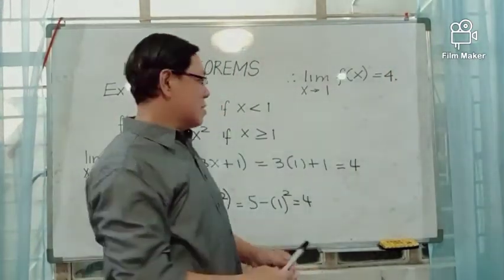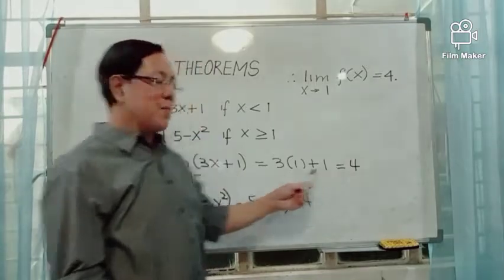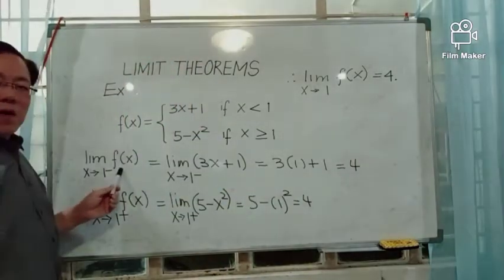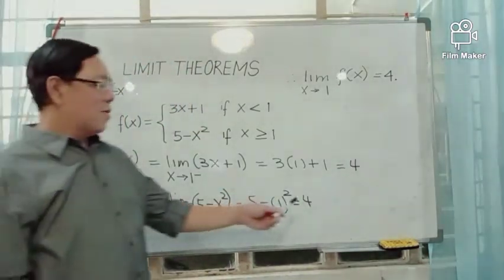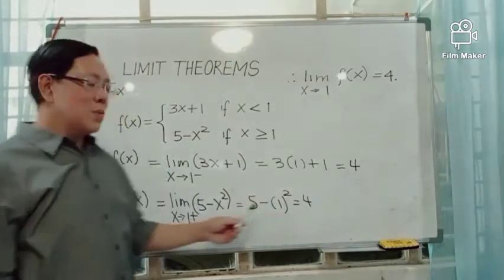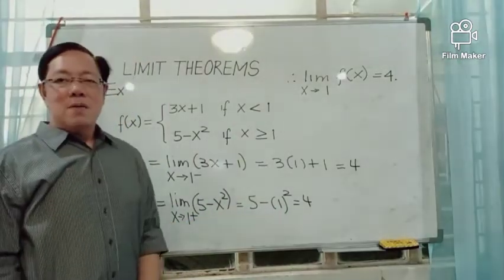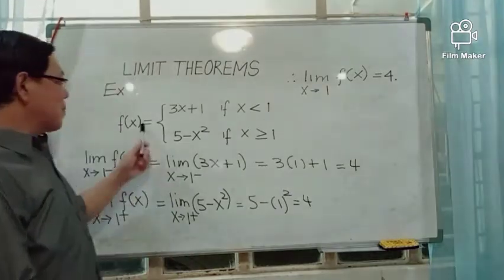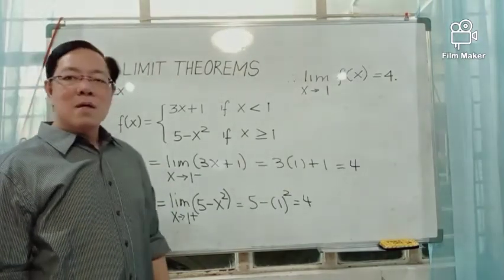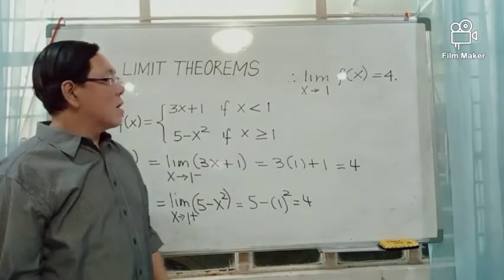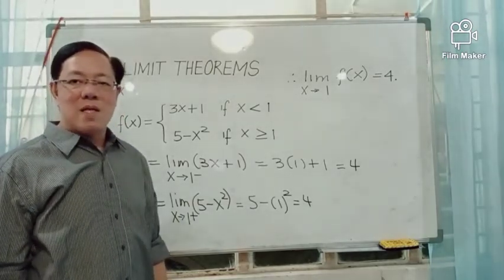And 4 is the left-hand limit of the function, and 4 is also equal to the right-hand limit of the function. We will now sketch the graph of this function to see what this limit of 4 means graphically.